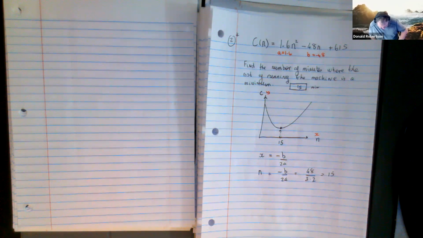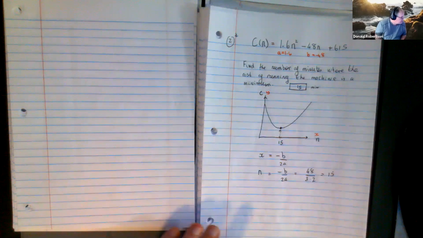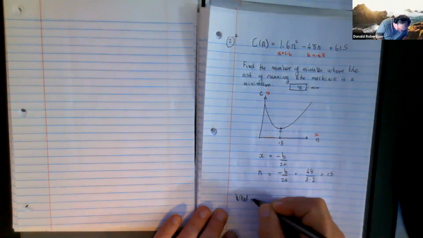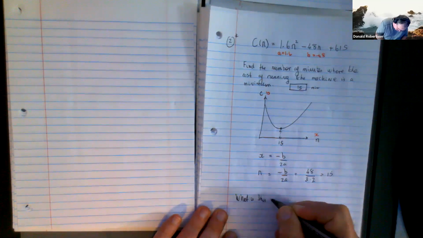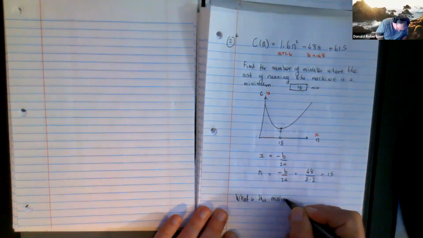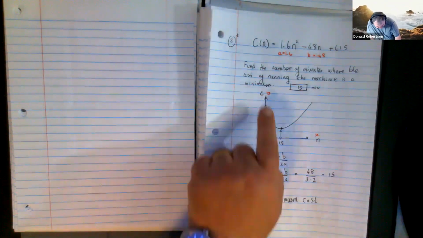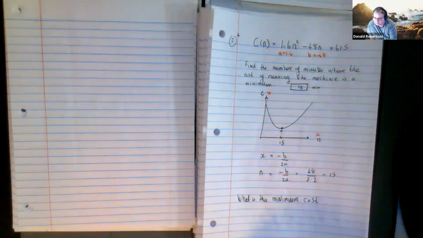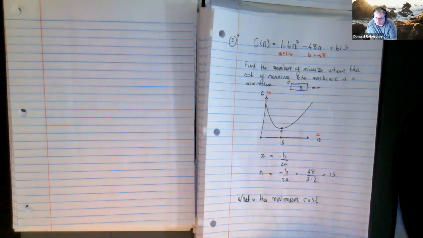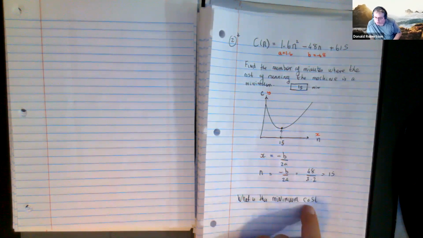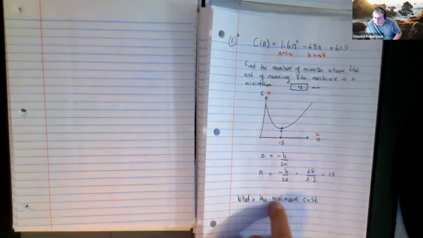Now, the second thing that they asked us here is, what is this minimum cost? So I know that if I run this machine for 15 minutes, that's the least it'll cost me. It's the cheapest I can get it for. What will I do to find what the minimum cost is? I know it takes 15 minutes, but what can I now do to find the second part of the question?